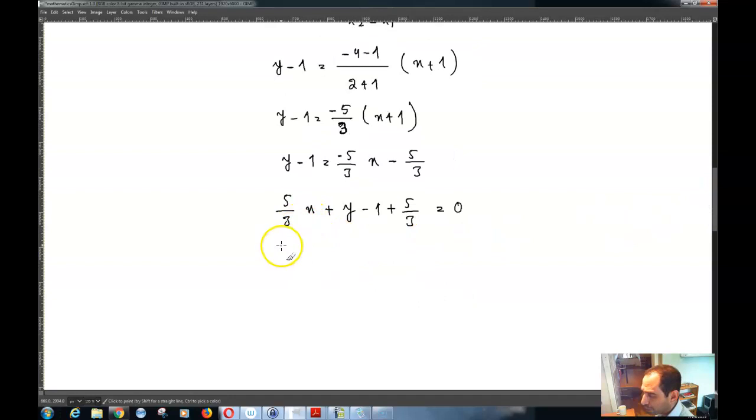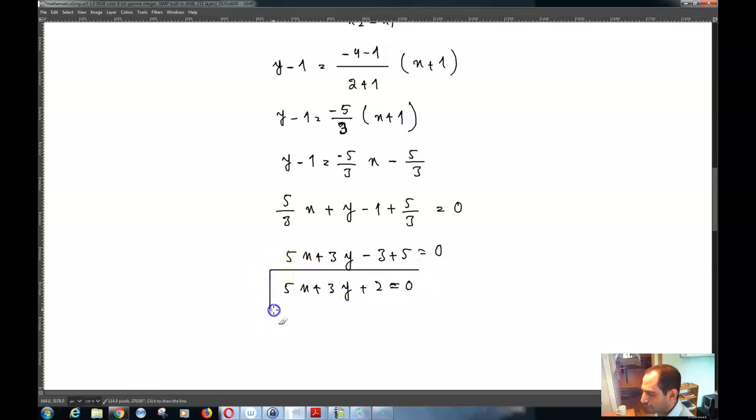And then multiply by 3, you will get 5x plus 3y minus 3 plus 5 is equal to 0. And then 5x plus 3y plus 2 is equal to 0. And that's the equation of your line, question number 7: 5x plus 3y plus 2 is equal to 0.